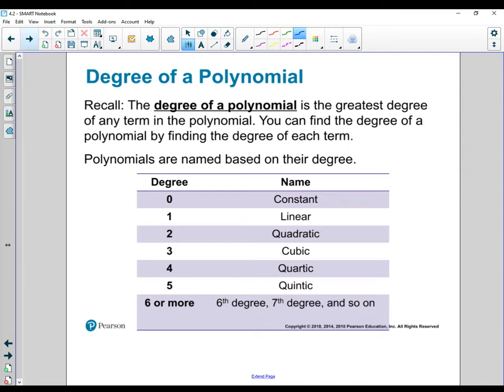Real quick, recall the degree of a polynomial is the greatest degree of any term of the polynomial. Remember, just the biggest one wins. So if the degree was 0, that would be a constant.